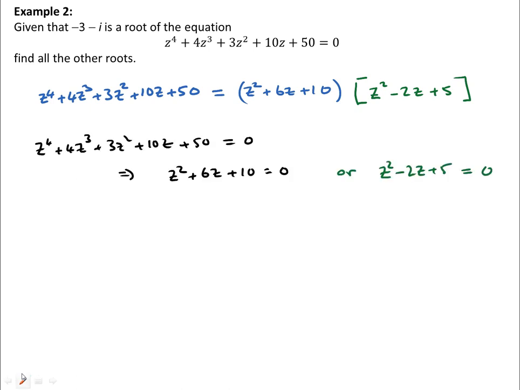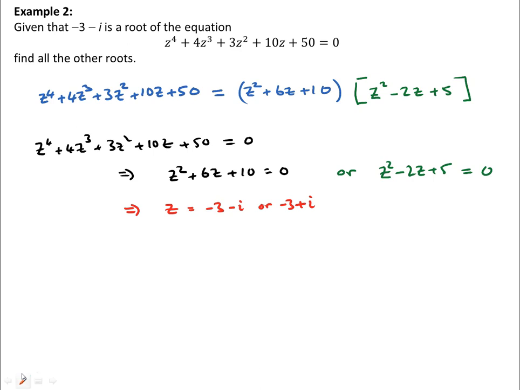I want to solve the equation z to the 4 plus 4z cubed plus 3z squared plus 10z plus 50 equals 0. So either z squared plus 6z plus 10 equals 0, or z squared minus 2z plus 5 equals 0. The z squared plus 6z plus 10 equals 0 came exactly from the fact that I knew that minus 3 minus i and minus 3 plus i were roots.